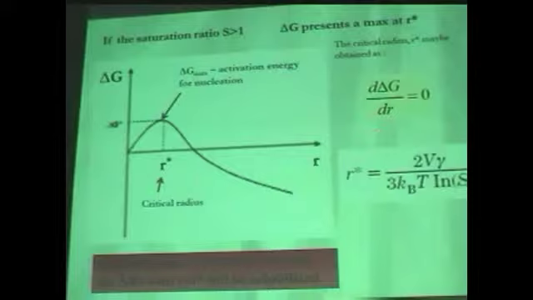By using this derivative, we can express R star as 2V gamma divided by 3kB T logarithm of S, which signifies that the nuclei of nanoparticles with a radius larger than the critical radius R star will be formed, and the nuclei with a radius smaller than R star will be sublimated.